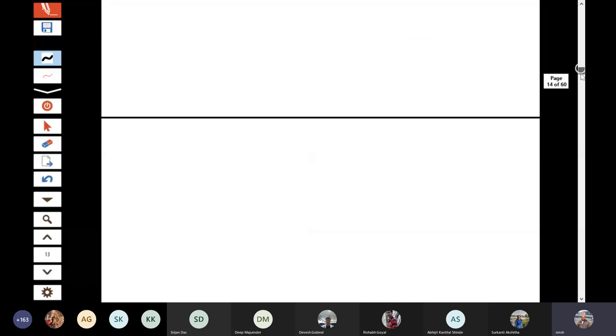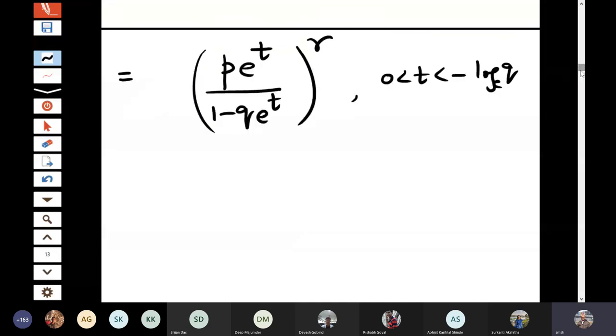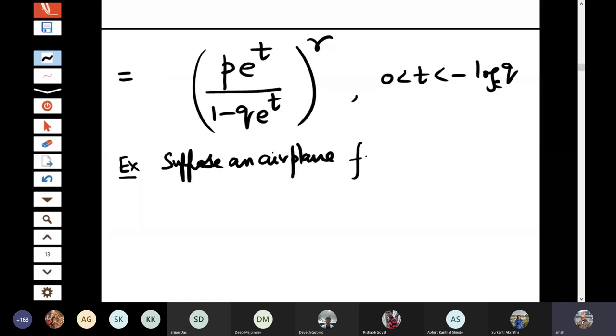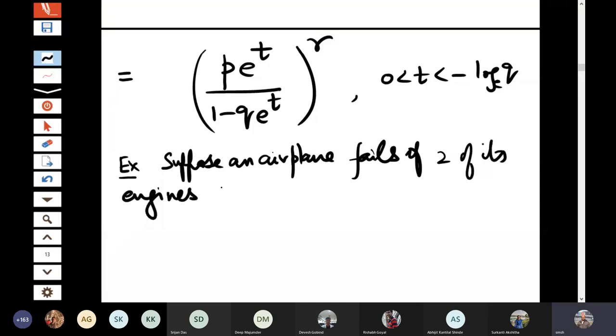So we look at one example here. Suppose an airplane fails if two of its engines fail, and the probability of failure of each engine is say p.